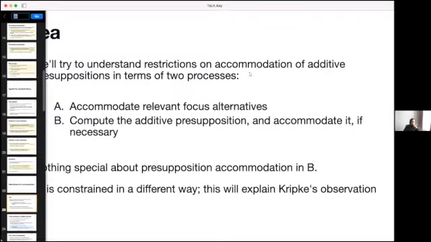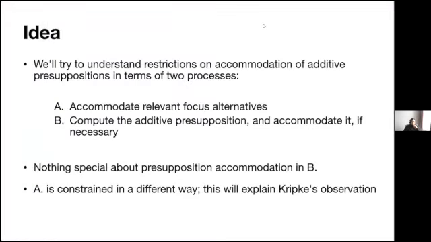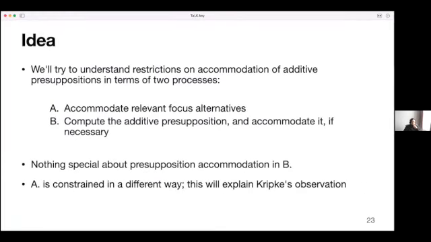Okay, so I think two things here. Firstly, about these two things, there's accommodation of alternatives and then the presupposition. So we actually don't see this as a sequential procedure where A precedes B. We haven't really specified how exactly accommodation happens.